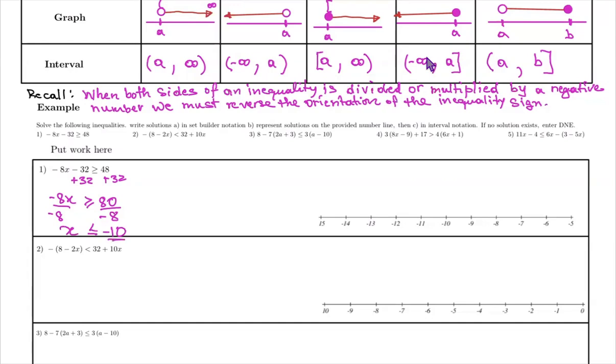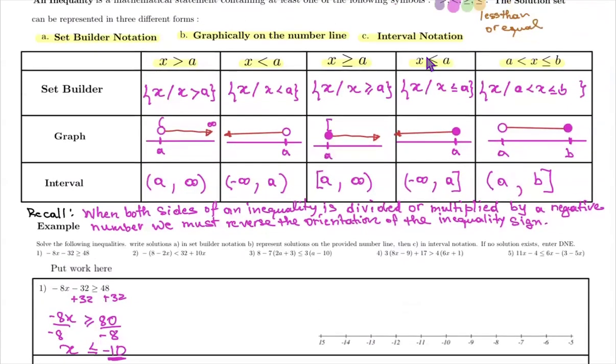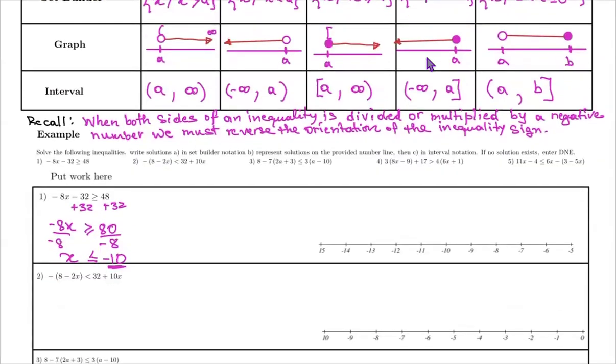Now, -10 becomes the A value that we had on this table. We can tell that the situation we're seeing here corresponds to this case. So that means that we have the set builder notation.